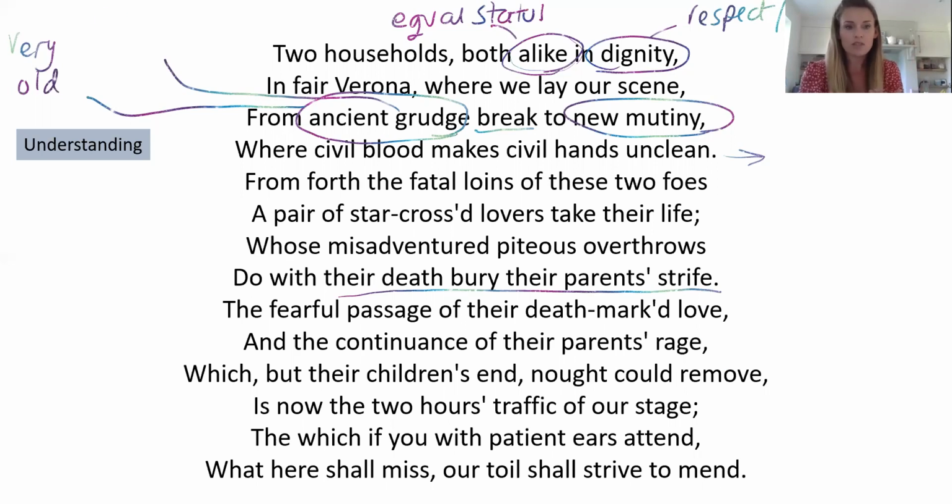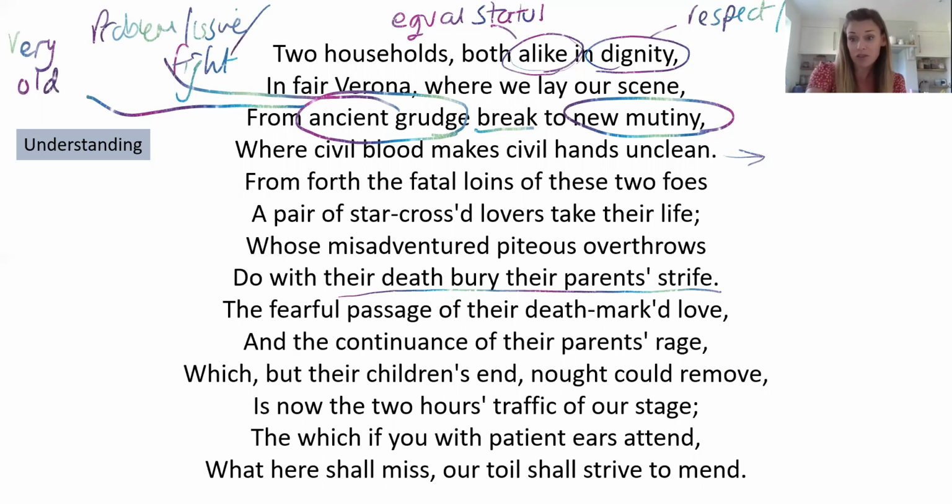We then move on to this idea of this ancient grudge. Ancient, very, very old, been going on for a long time. Actually, it's been going on for so long that no one even knows why they're doing it anymore, but we're all just getting involved anyway, because it's just what we do. And it seems a bit crazy, but we've got this ancient grudge. Grudge essentially was a problem or an issue, a harsh word that was said, that someone gets a grudge against someone for it.